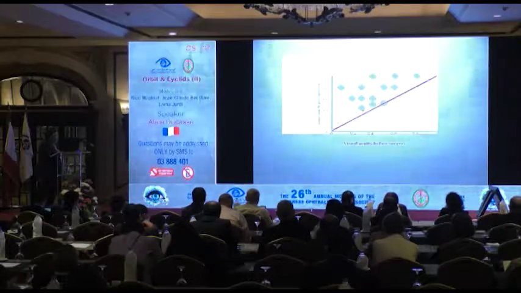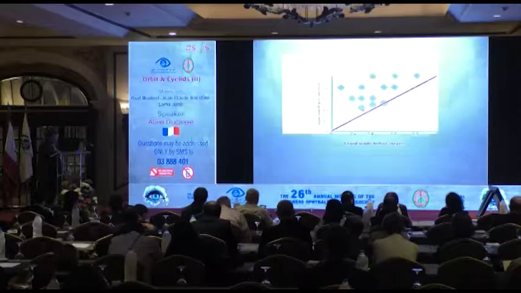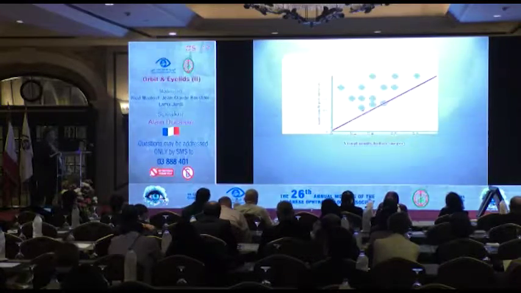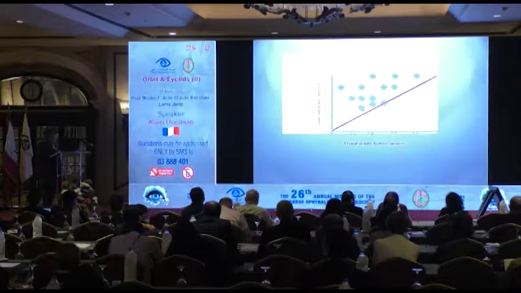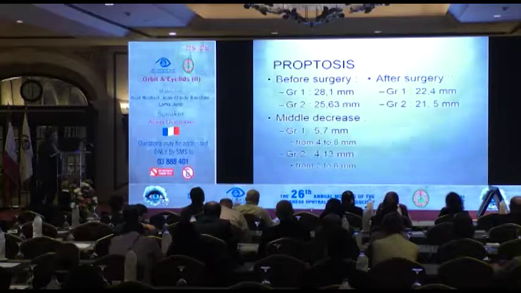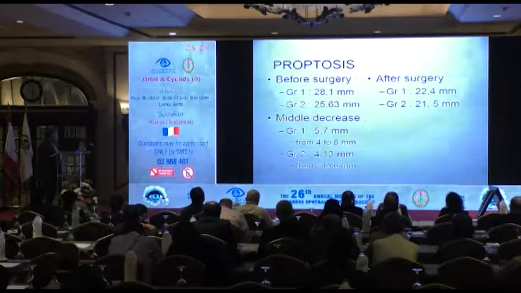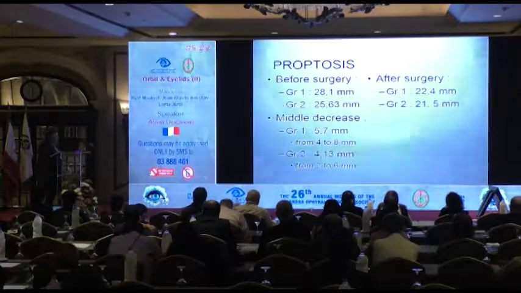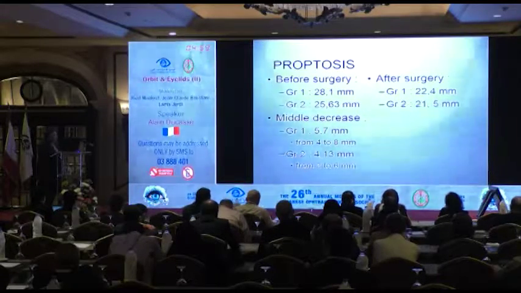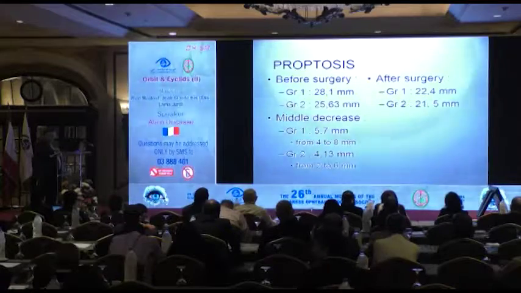You can see here in the graph the values before the surgery below and after the surgery on the left. The proptosis also decreased, from 4 to 5 millimeters to 6 millimeters in the 2 groups.